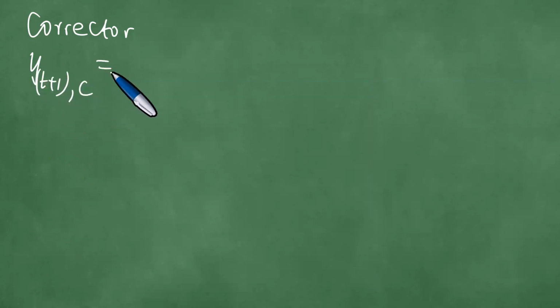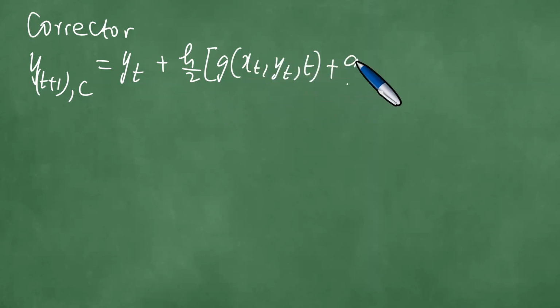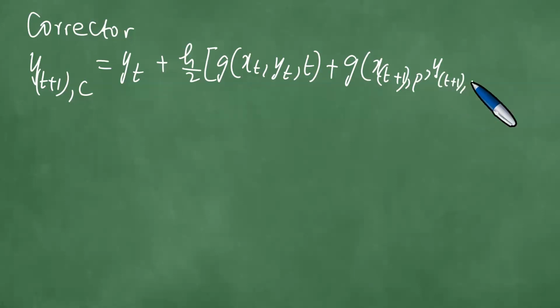So this is Y(T+1) corrector is YT plus H over 2 times G of XT, YT, which is XT plus 1, YT plus 1.